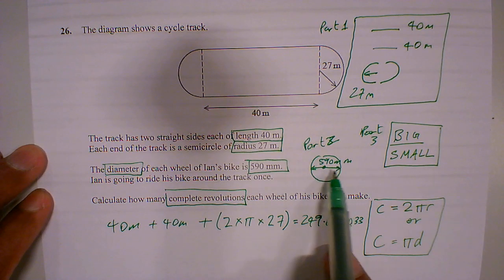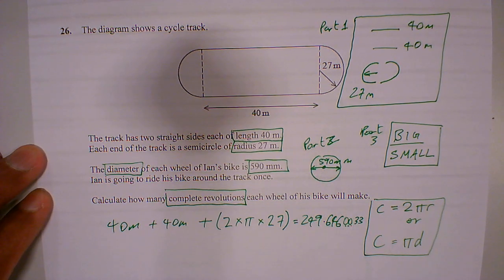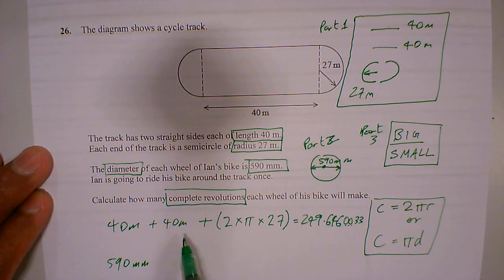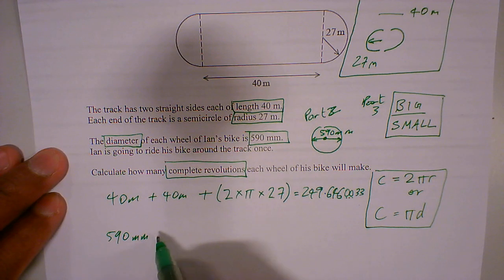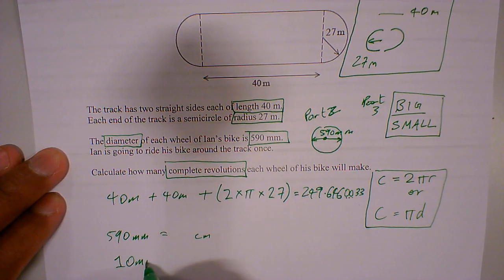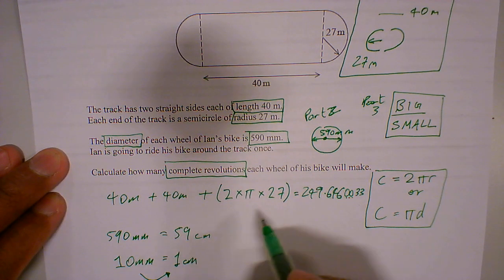Now the next part, I've got 590 millimeters. I've got millimeters and meters there, so I need to have them as the same units. I'm going to change that into centimeters. 10 millimeters makes 1 centimeter, so I'm going to divide by 10. That gives me 59 centimeters.